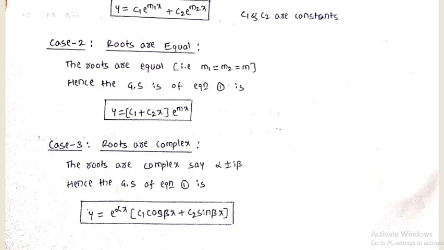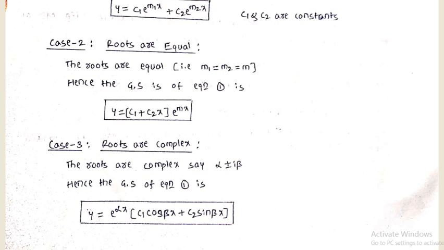And case number 3: when the roots are complex, say the complex roots are of the form alpha plus or minus i beta. Here alpha is called the real part and beta is called the imaginary part. Its general solution is e to the power alpha x into bracket c1 cos beta x plus c2 sin beta x.